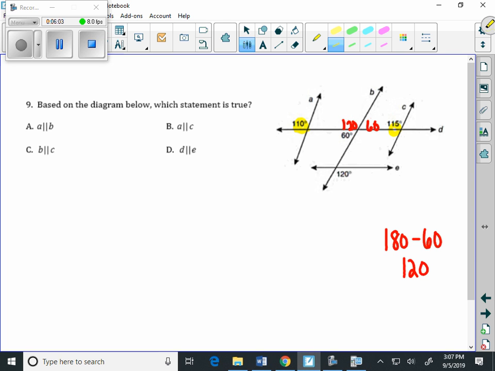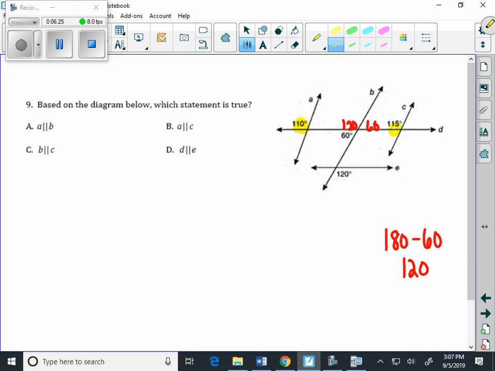We get to letter C. It says line B is parallel to line C, which once again is untrue, and it's all going back to the corresponding angles. The 120 is different from the 115, so that one is not.